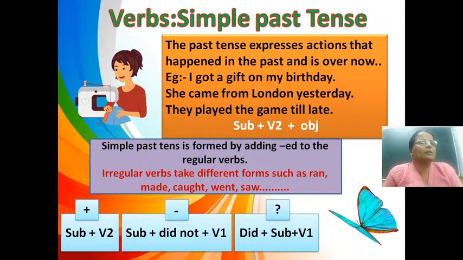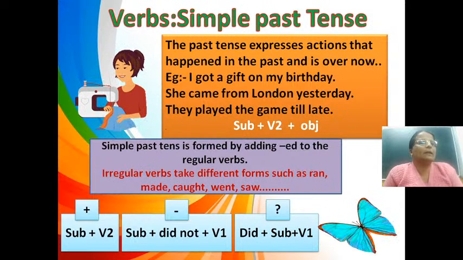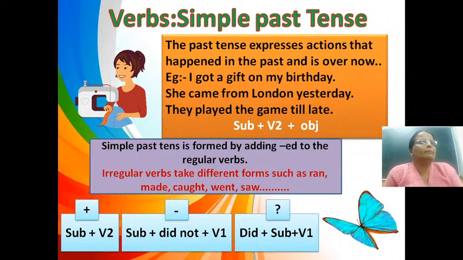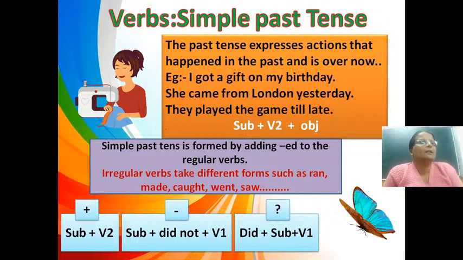I think it is talked. Completed. Played. Liked. Anurag, you write another word or otherwise correct the spelling. Abhishek Sharma, type a verb with ed.